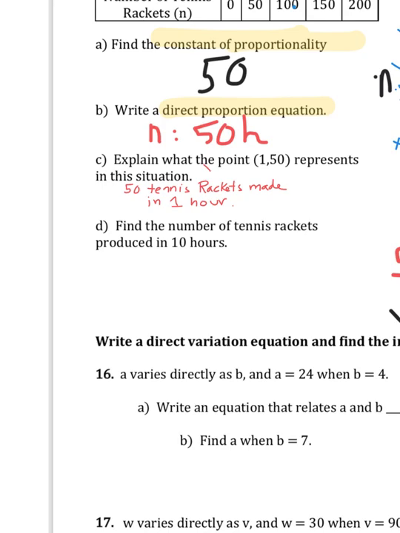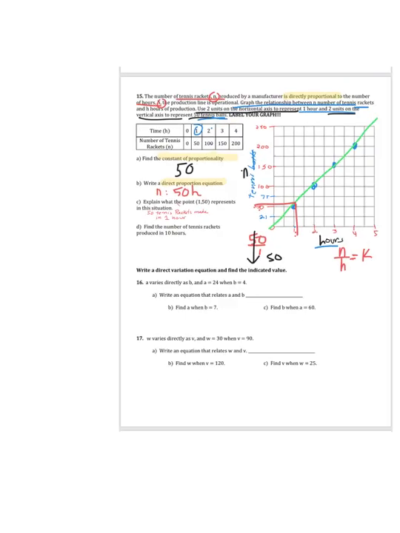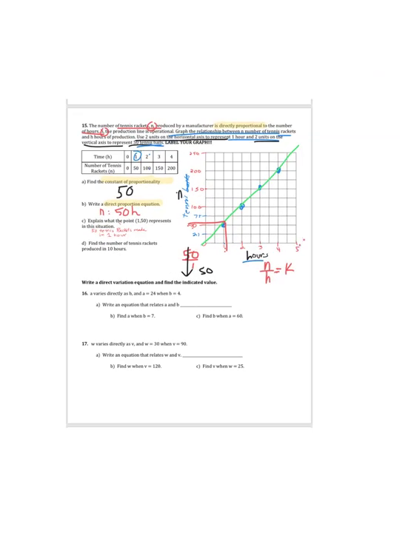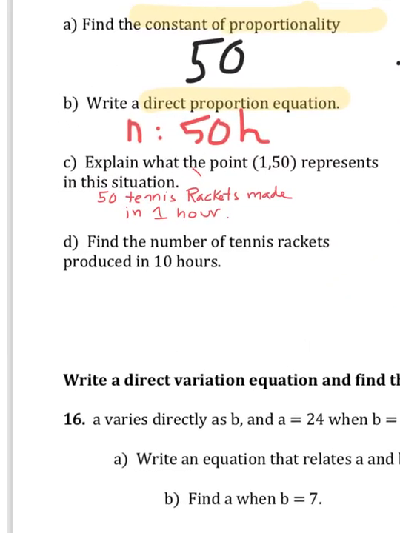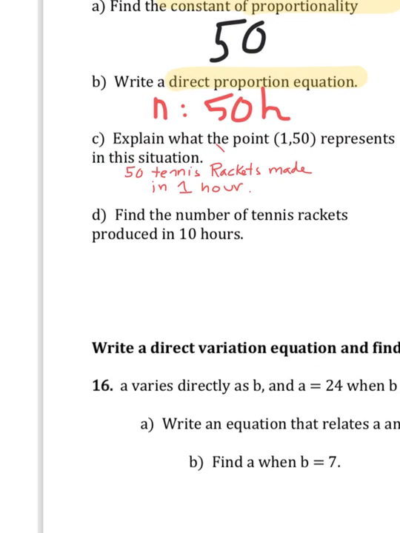Okay, now find the number of tennis rackets produced in 10 hours. And that is not on my graph. It only goes up to 5 hours. So I'm going to use that equation. Okay, easy enough. How many tennis rackets can we make in 10 hours? That would be 500.